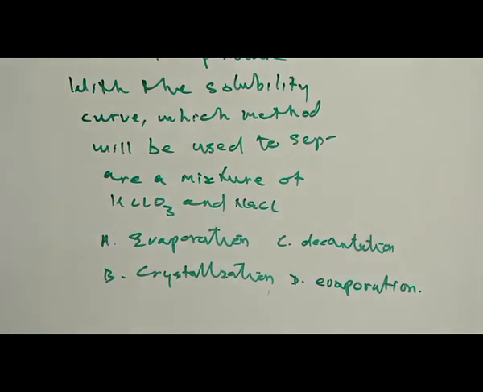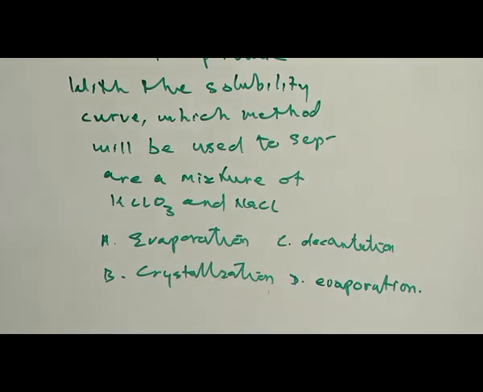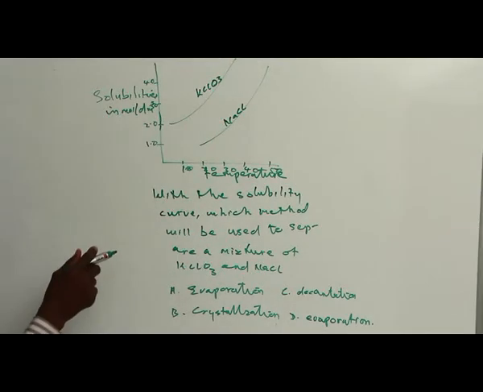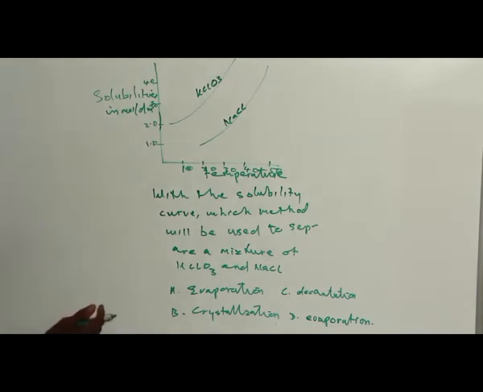The options are A. Evaporation, B. Crystallization, C. Decantation, and D. Evaporation. Now from the graph, there is a sharp difference in the solubilities of the two salts, and hence the method of separation will be crystallization, because it is a technique that utilizes the principles of difference in solubility.